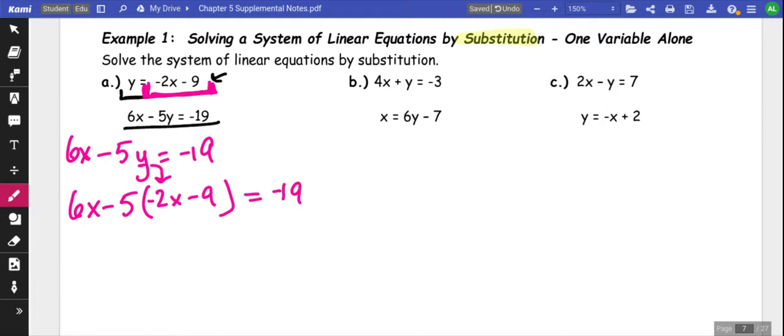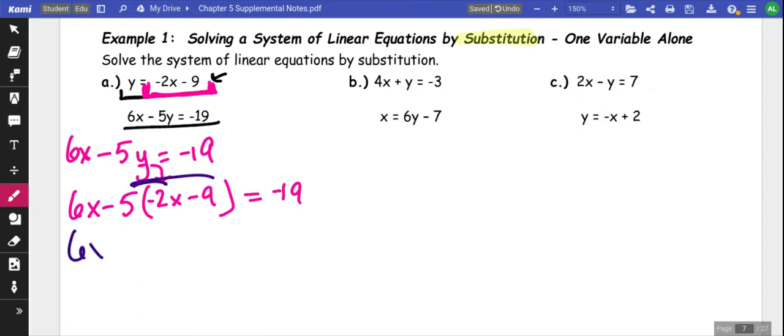All right, so let's go back to this algebra. I know it's been a while since we've solved something like this. We've been doing a lot of graphing and other types of things for a while. Now this is just an equation, so I can solve this out. I know there are parentheses in here, so the first thing I'm going to want to do is use my distributive property. That negative 5 is going to get distributed to the negative 2x and to the negative 9.